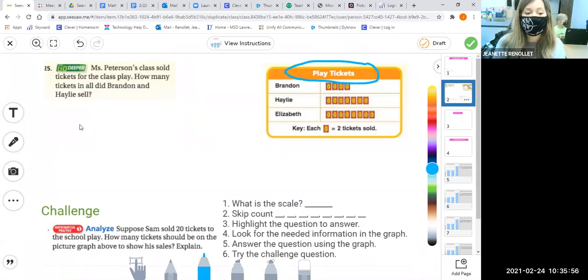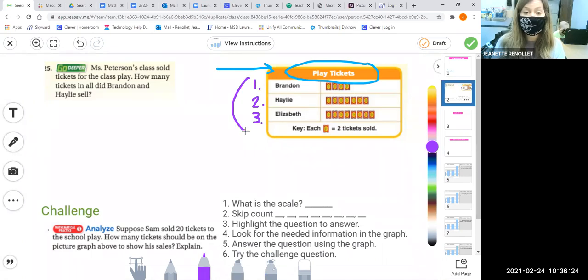Okay, I see a couple friends that are still not sure about categories. Our title tells us what the data is about. Our categories help us organize the data. In this example, there are 3 categories. Brandon is somebody who bought play tickets. Haley is somebody who bought play tickets, not our Haley. This is a different Haley. And Elizabeth is somebody who bought tickets.